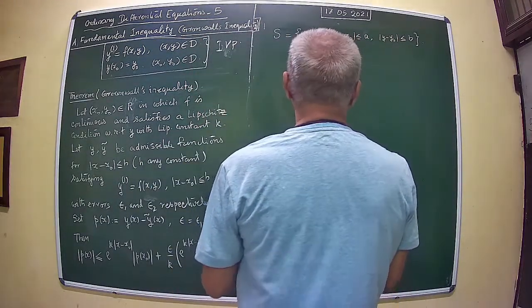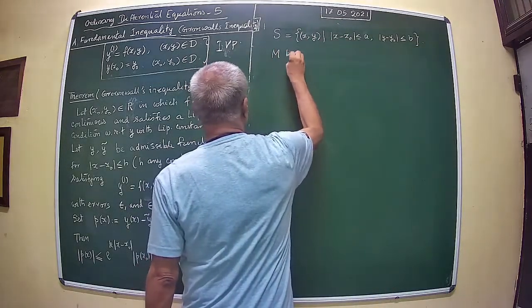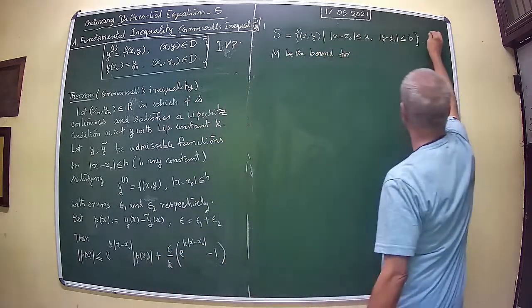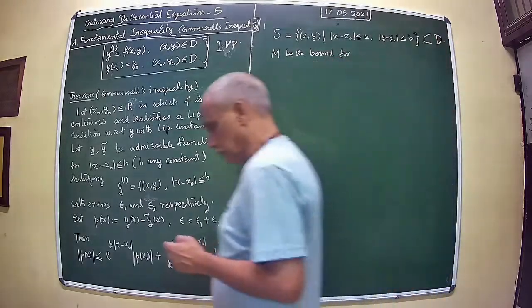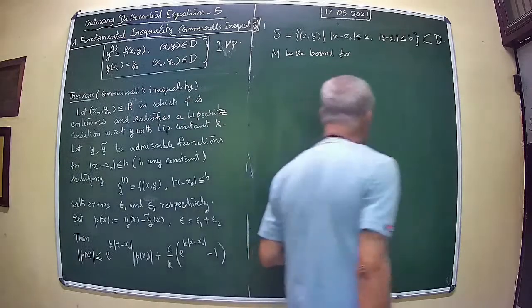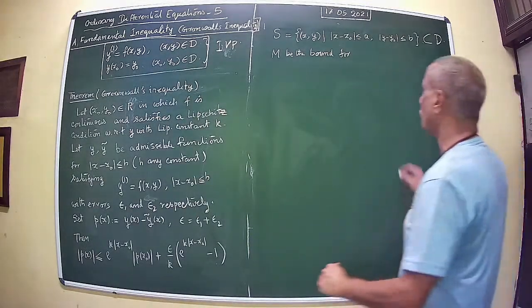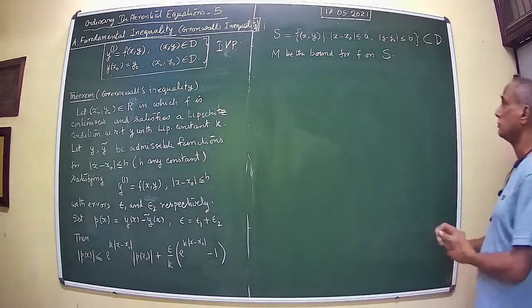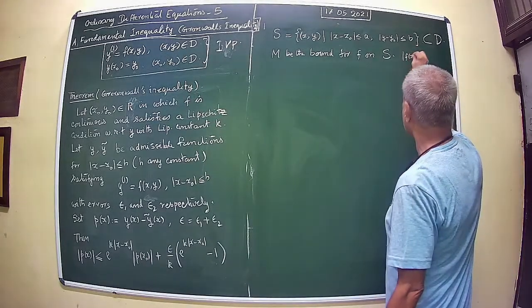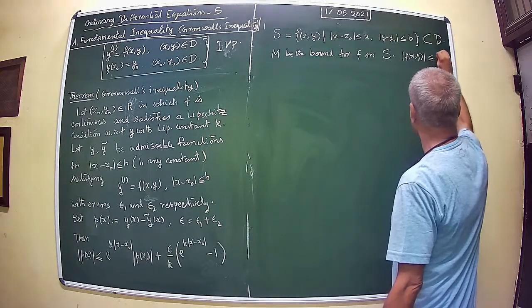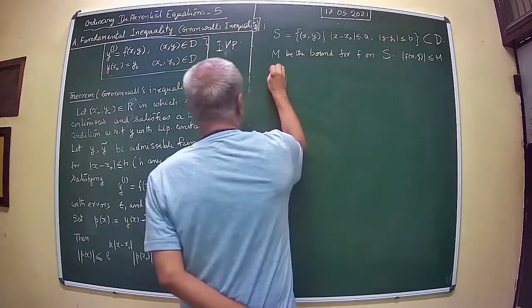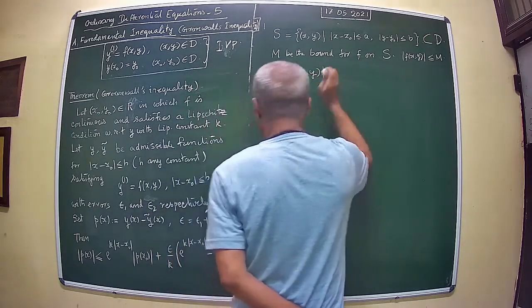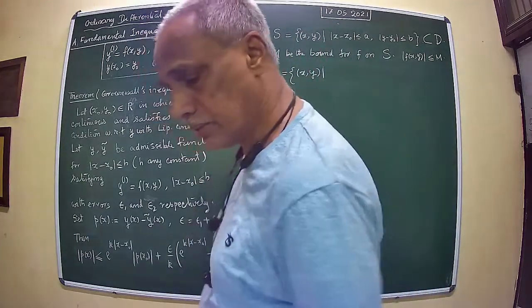Now let M be the bound for f on S, that means mod f is less than or equal to M. Such a rectangular neighborhood you can always construct by continuity.